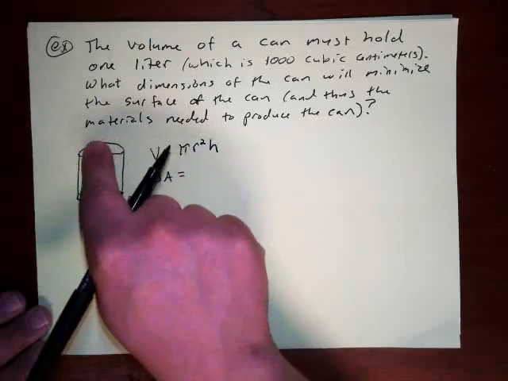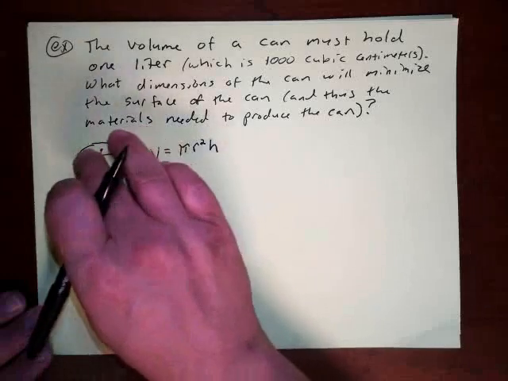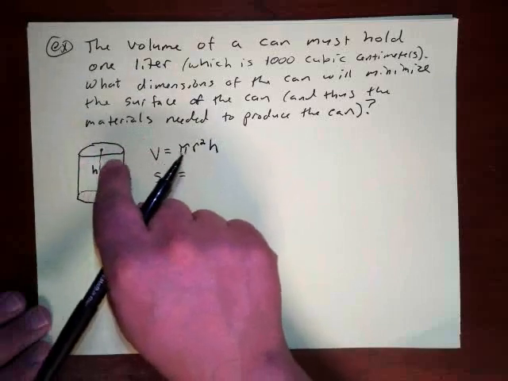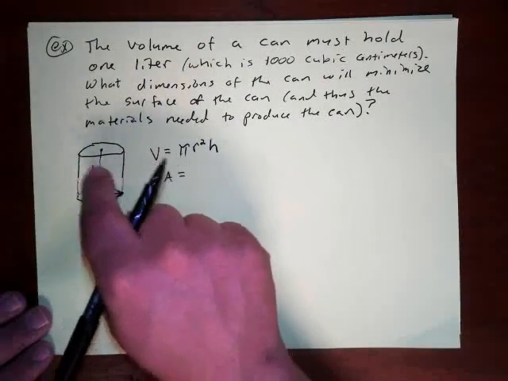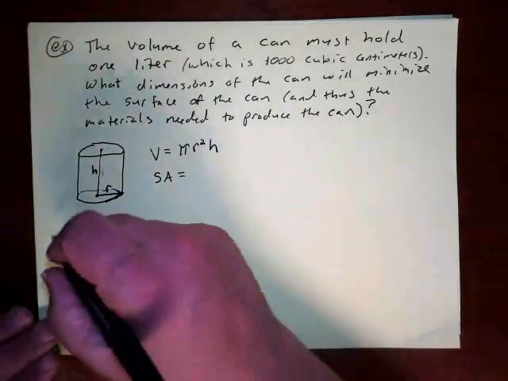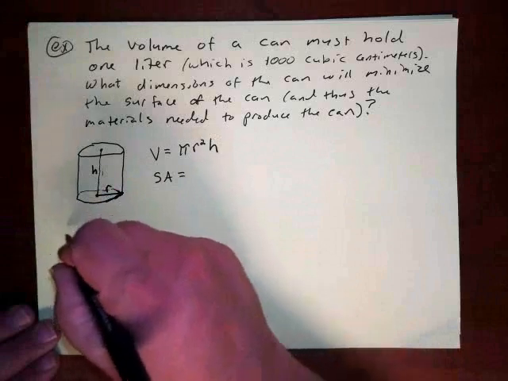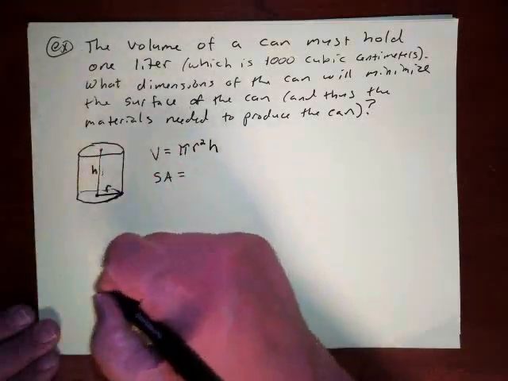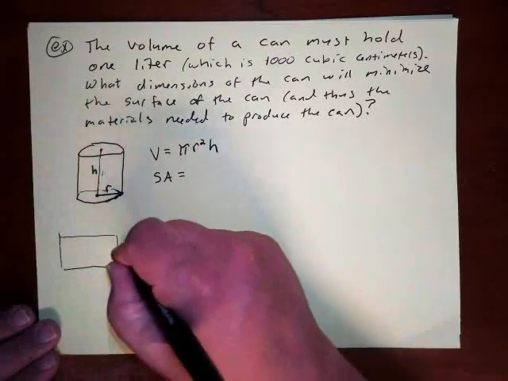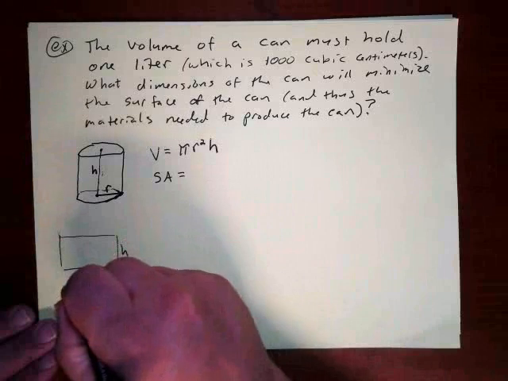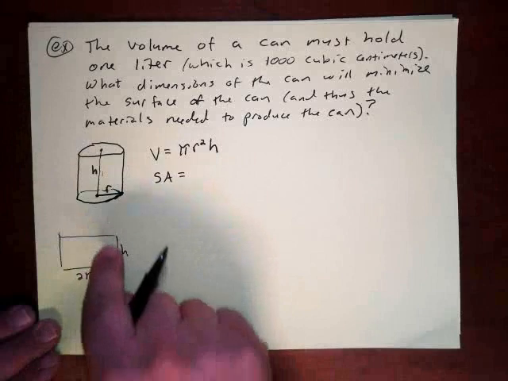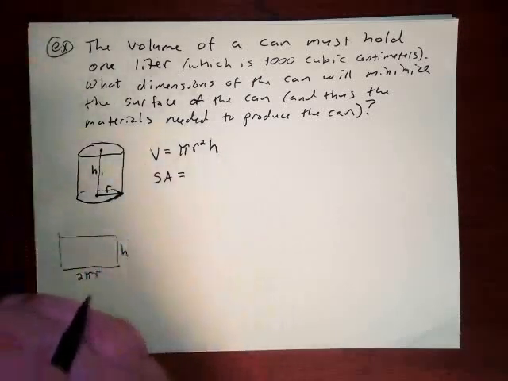Now the surface area, and we'll use SA for the surface area of the can, is the sum of the area of these two circles plus the material around the outside of the can. If you imagine cutting off those two circles and cutting a strip and laying it out flat, you would get a rectangle. The rectangle has the height h on one side and 2 pi r on the other, which is the circumference of the circle, because you curl that around to form the tube.